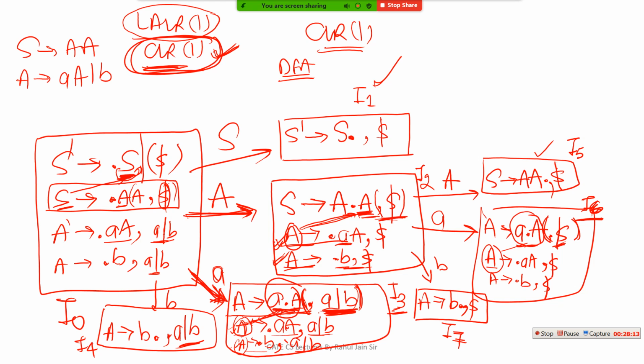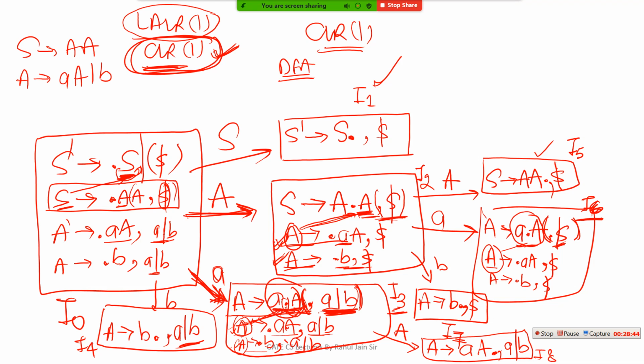Now from I3, I need to take a transition on capital A. On capital A, I need to make a transition, that is A derives A dot, right? Because this dot will move to one side here, with the look ahead A and B. And I can say this is my I8 state.